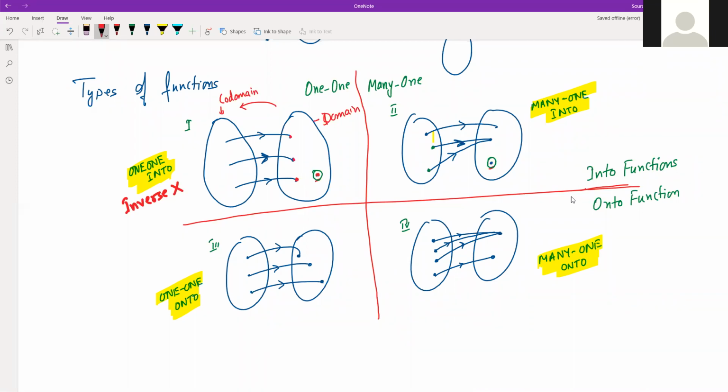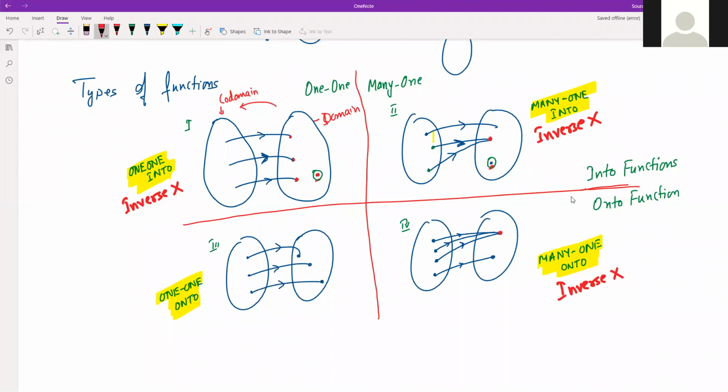Same way here, one element is left without any image, and plus one element has more than one image. So here also we see that inverse is not possible. Same way here we have an element with more than one image. So here also inverse is not a function or not possible.